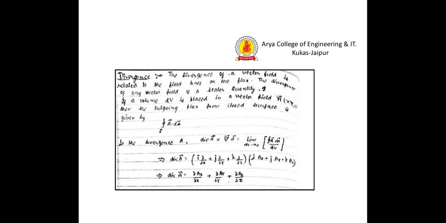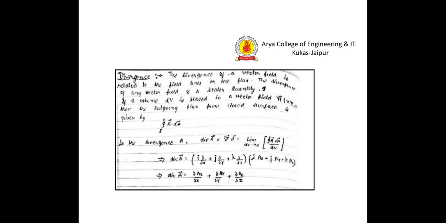If a volume dV is placed in a vector field A vector, a function of x, y, z, then the outgoing flux from the closed surface is given by the surface integration of A vector dot dA vector.